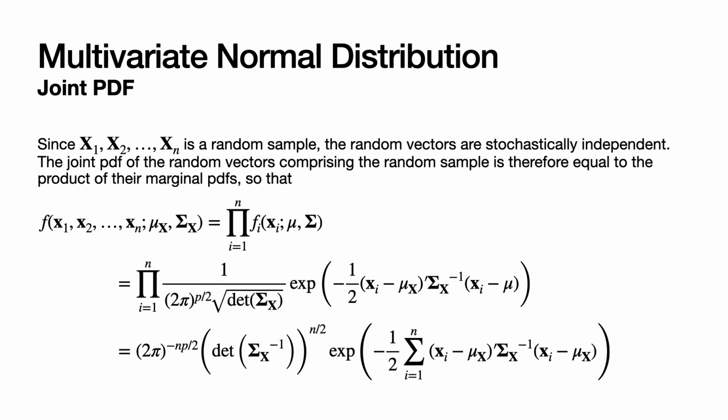Now, since bold x1, bold x2, and so forth up to bold x sub n is a random sample, the random vectors are stochastically independent of one another.